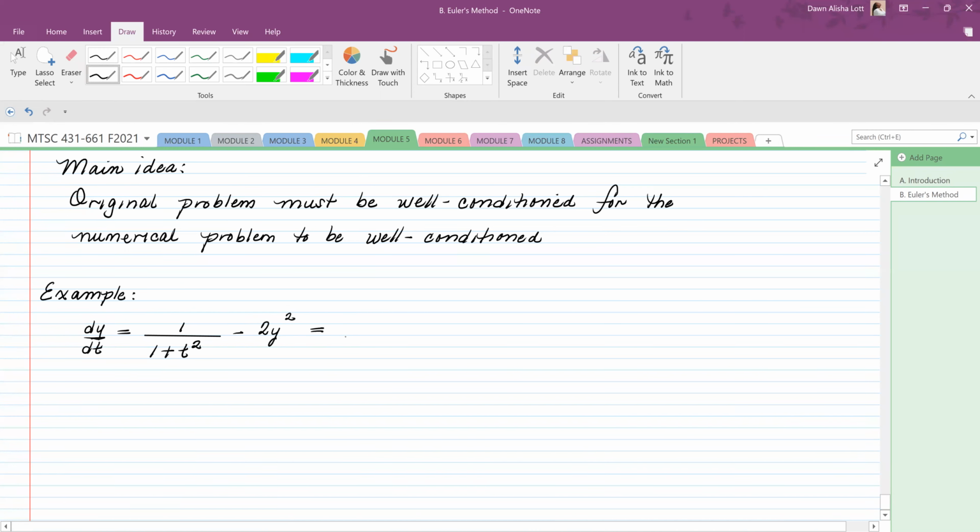So the thing on the right is f of t and y. And then I give you y at 0. So there's the problem.